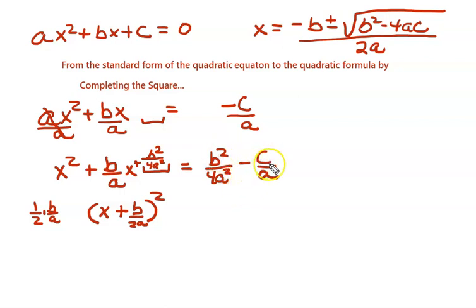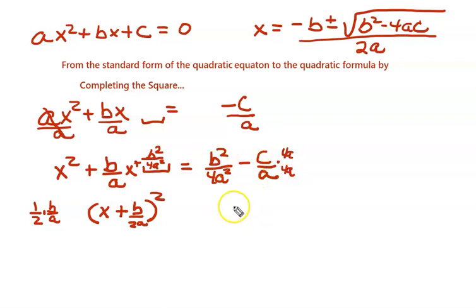Now we want to do the subtraction. In order to do it, we must have a common denominator. What is our common denominator here? Well, it's 4a squared. I can multiply this fraction by 1 in some form to make this denominator 4a squared, and it's actually multiplying it by 4a.